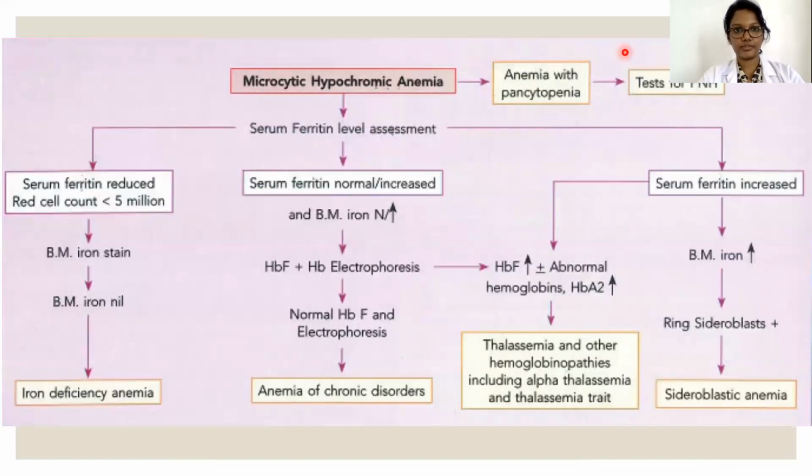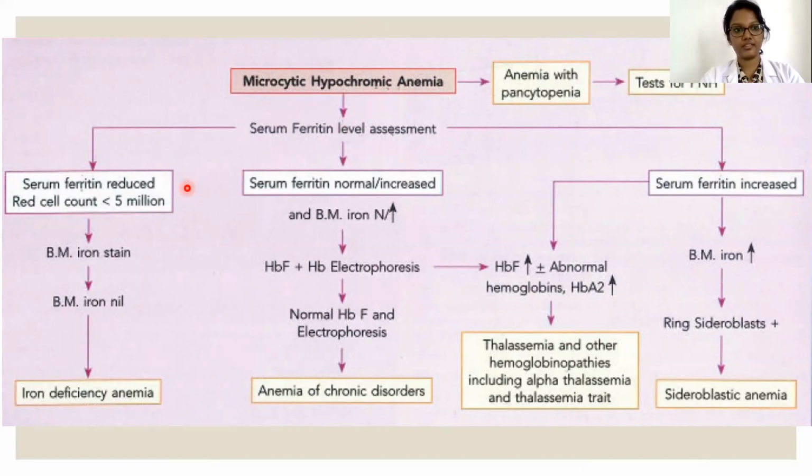Now, this is an approach to microcytic hypochromic anemia. When you see a peripheral smear with a microcytic hypochromic blood picture, if the patient has, in addition to anemia, pancytopenia, you test for PNH. If there's only microcytic hypochromic anemia, you do a serum ferritin level assessment.